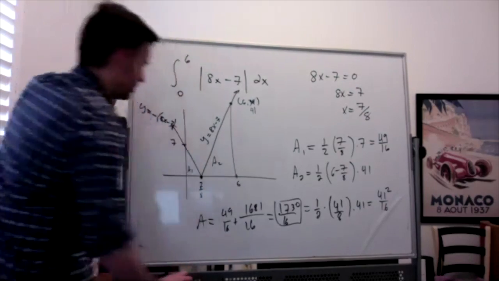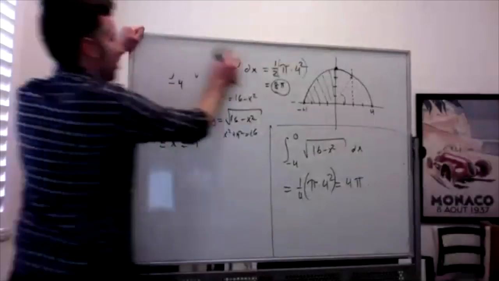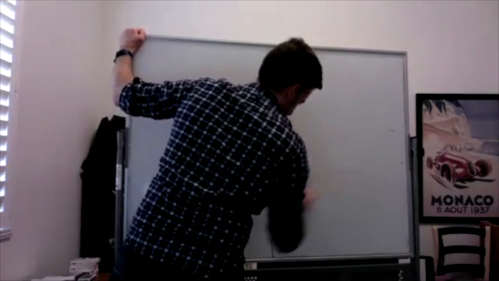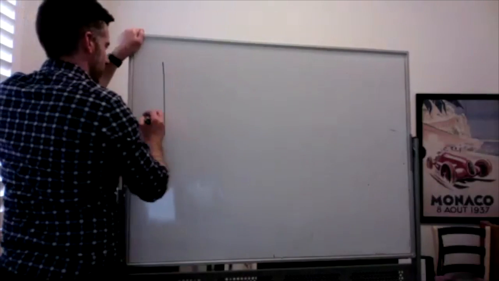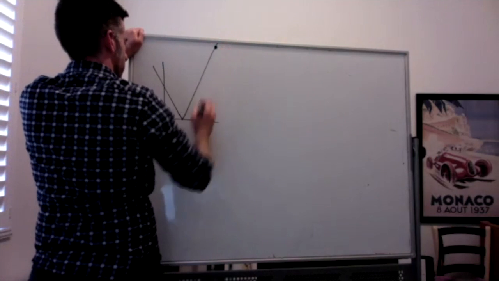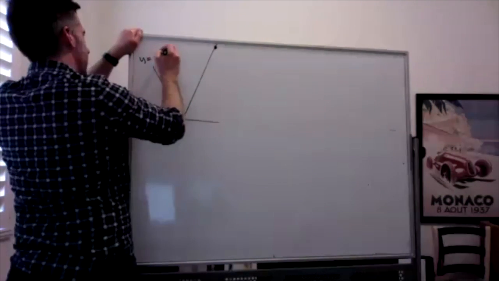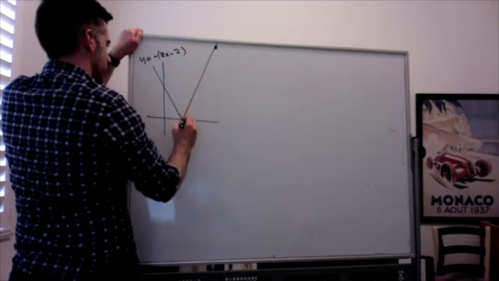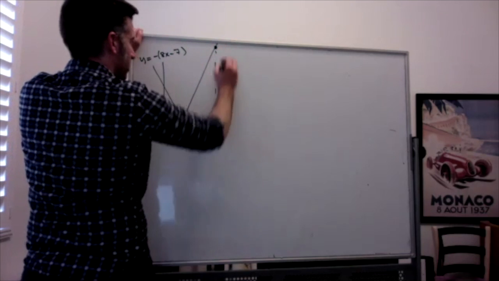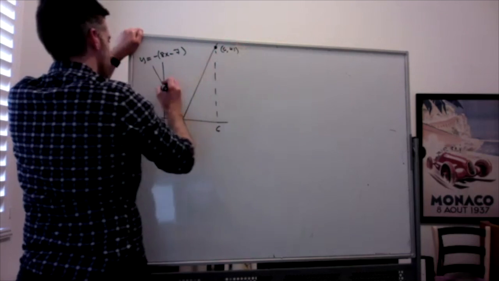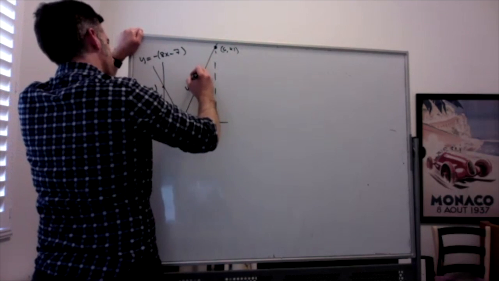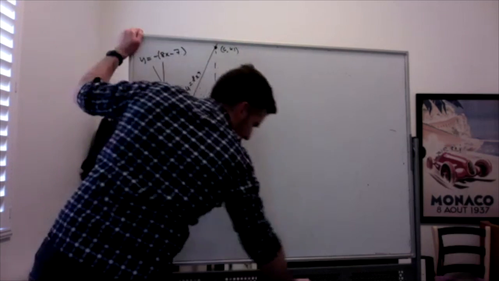Let me draw the picture again. This is y equals negative 8x minus 7. This is 7/8. This is 6, 41. 0, 7. This is y equal to 8x minus 7.